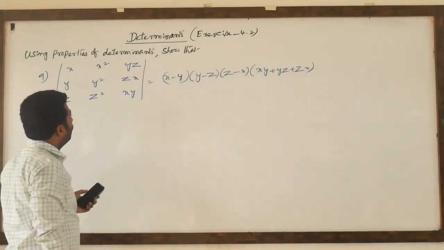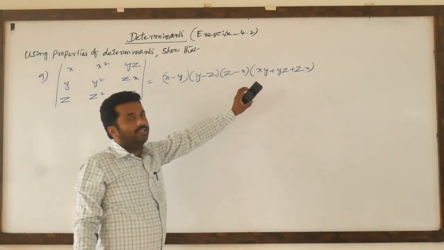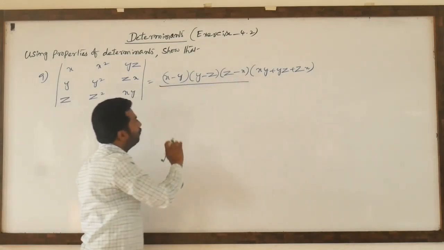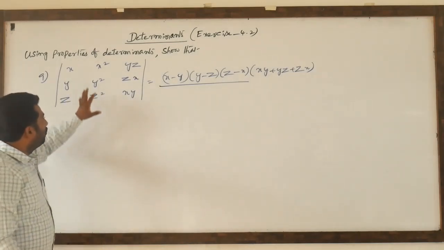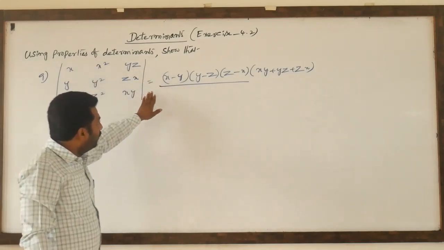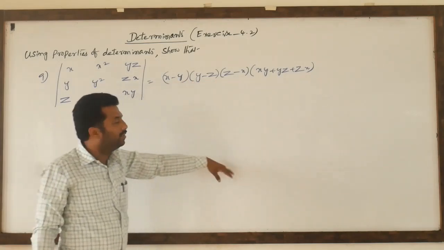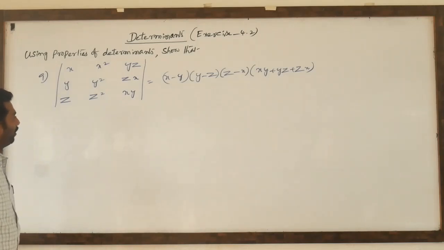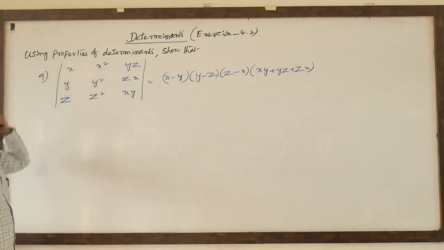See here, x minus y, y minus z, z minus x, these type of terms, where will we get them, by which operations if we apply? You remember, whenever proving one determinant as something, in this RHS part, you have to observe what terms are there. So x minus y, y minus z, z minus x terms are appearing, so how to write such type of terms we have to guess.